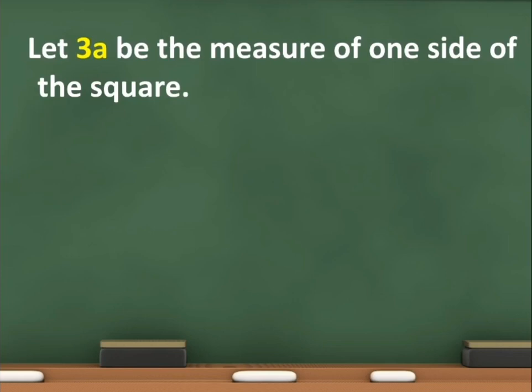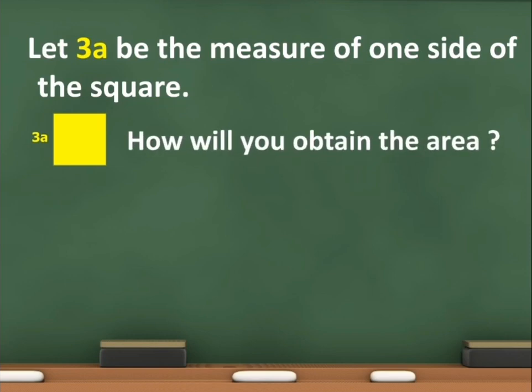Let 3a be the measure of one side of the square. So how will you obtain the area? So using the formula, area is equal to side times side. So we have 3a times 3a.